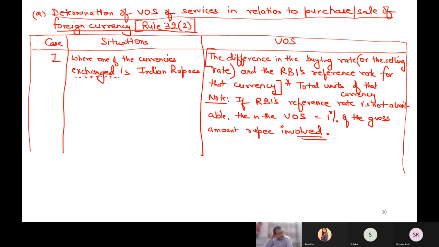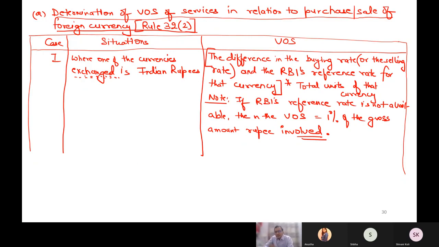Before the example, let me first cover this concept: if one of the currencies is rupee, and suppose you are buying the currency, then the value is the difference in buying rate and RBI's reference rate for that currency at that exact time, not for any day.